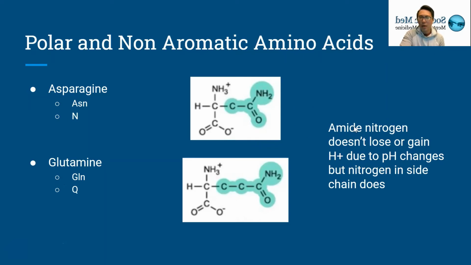These amide nitrogens in the side chains don't lose or gain protons due to pH changes, but the amino group in the actual amino acid, these NH3 pluses at the top, do protonate or deprotonate depending on the pH change.